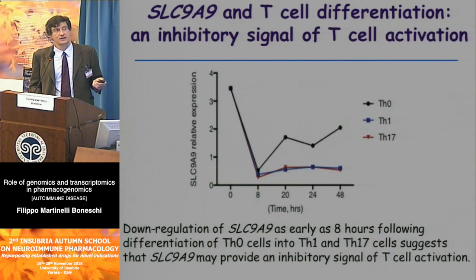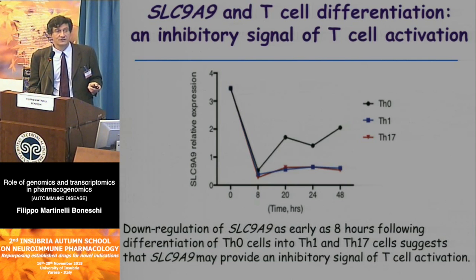Essentially, we did some functional work, which has been done in Boston by a collaborator of ours, Dr. Elia Mann at Brigham and Women's Hospital. What we found was a general downregulation of the gene starting 8 hours following differentiation of Th0 cells into Th1 and Th17 cells, which was not evident in Th0 cells, so in cells which were not differentiated.